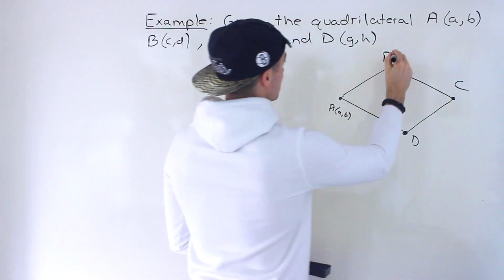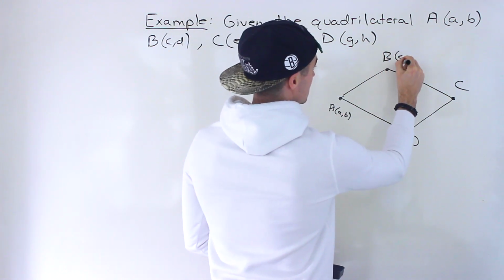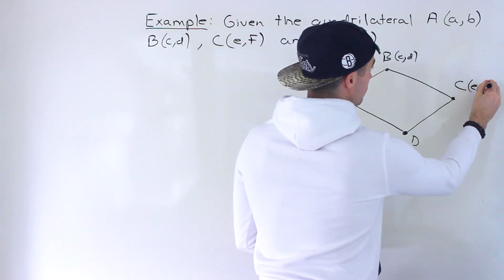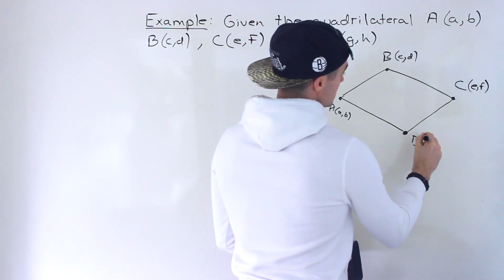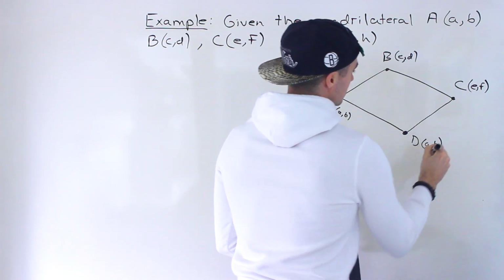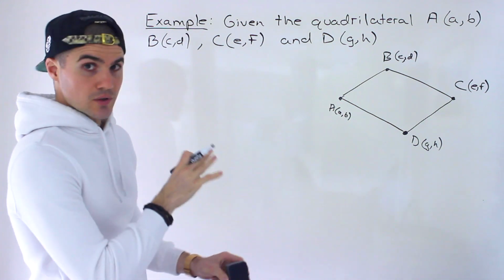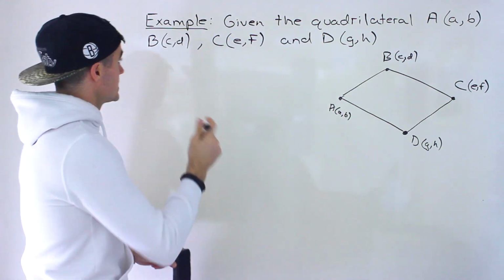So A is (a, b), then we got B, which is (c, d). Then we got C, which is going to be (e, f). And then we have vertex D, which is going to be (g, h), like that. So in part A, we're going to find the midpoint of each side.